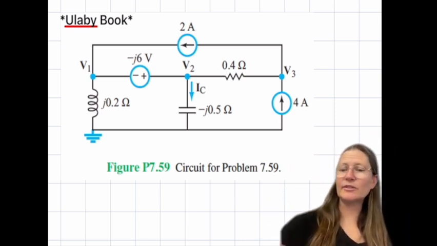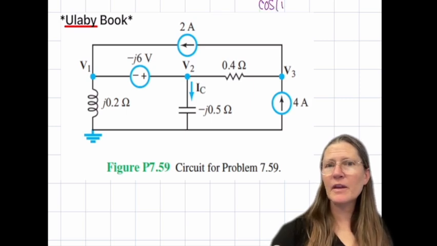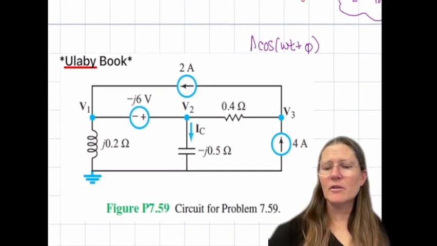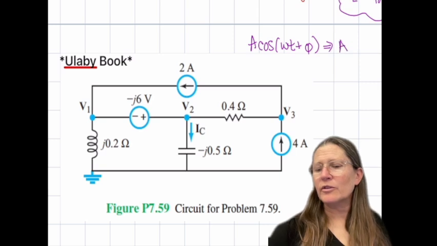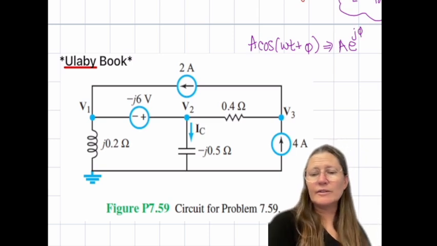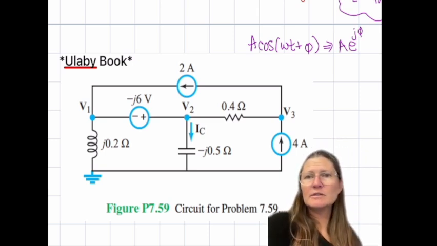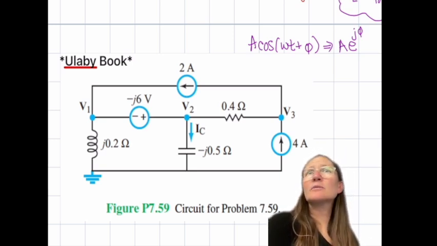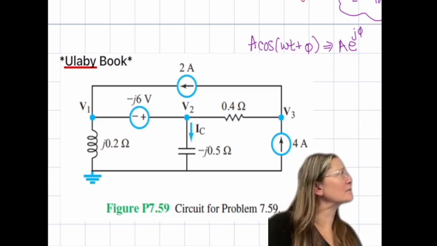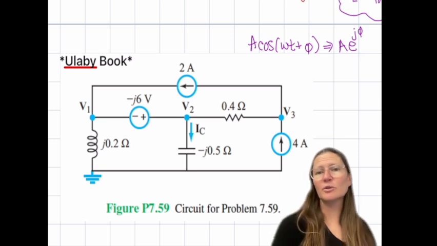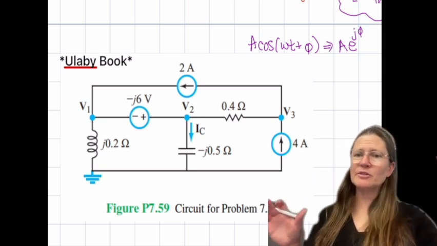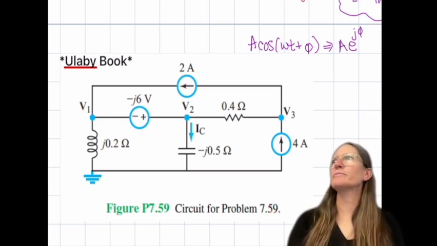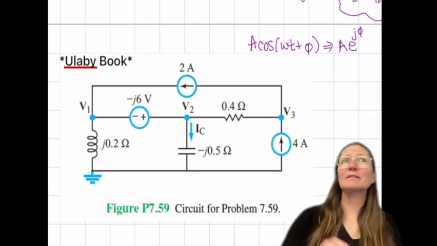Because remember, it's 2E, so cosine. So this will convert to this, and if phi is 0, that will become a 1. So you can interpret that the input signal has no shift to it. So 2 amps and 4 amps are both cosines with no shifts, and they have the same frequency.